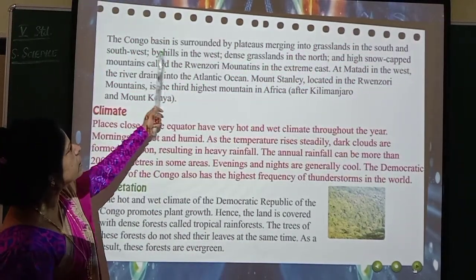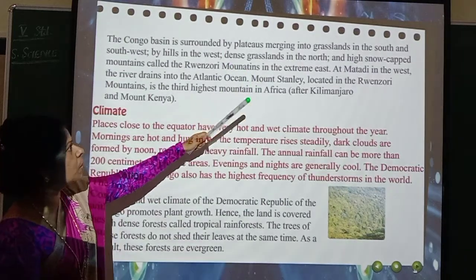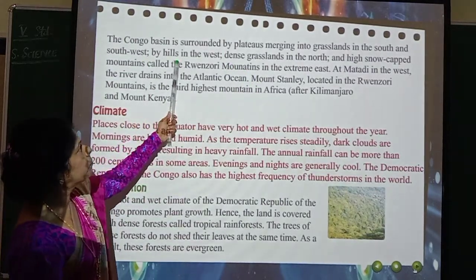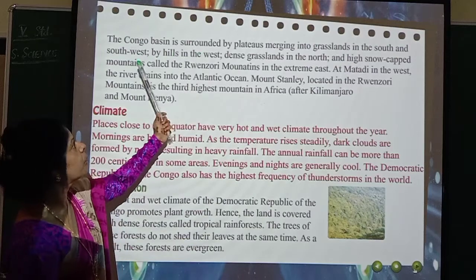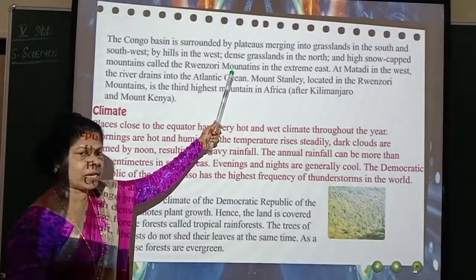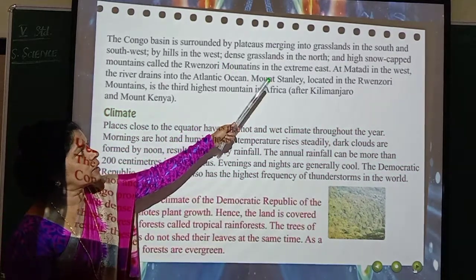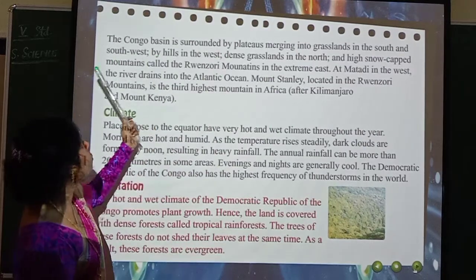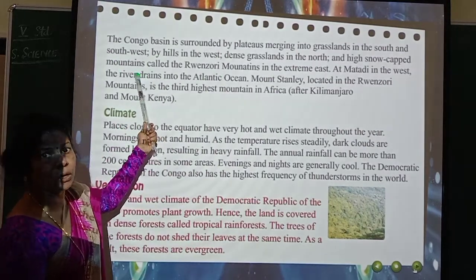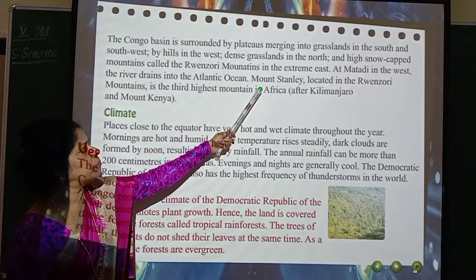Dense grasslands means thick, big grasslands.